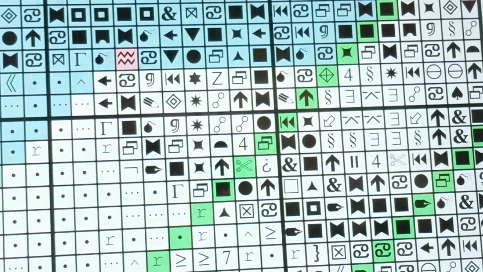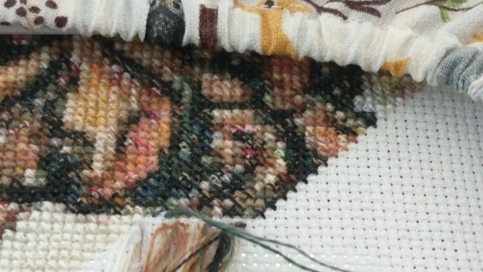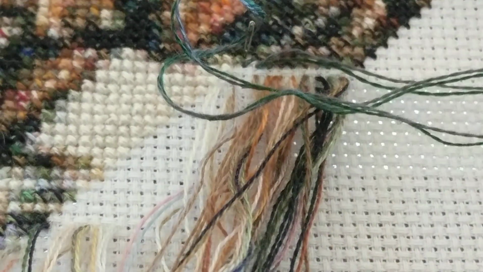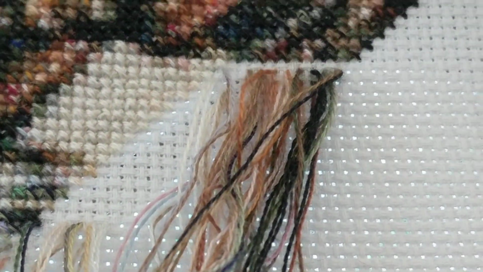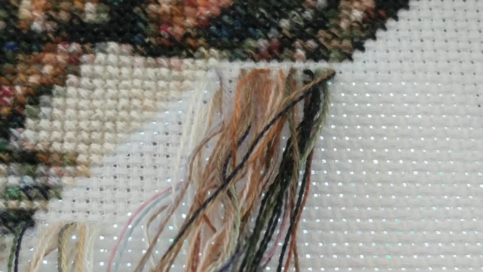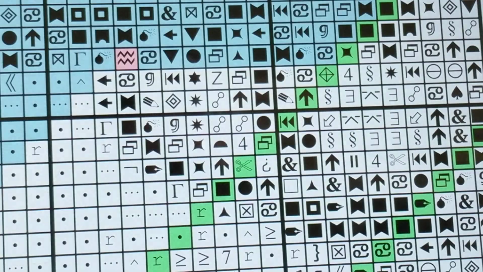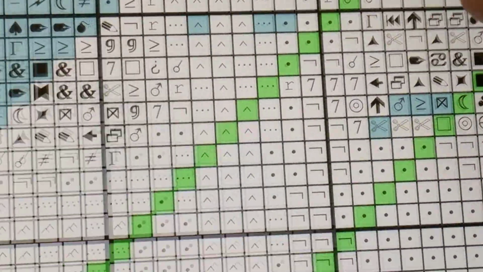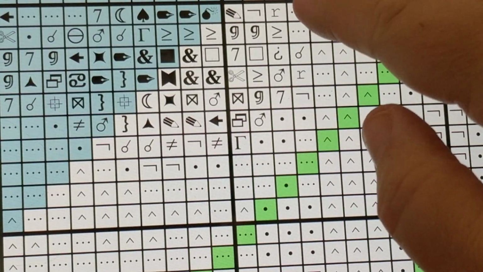Okay. So we got the first leg of my stitch there, and I'm going to pull through for the top leg, and then I check my chart to see where that symbol occurs again, and as you can see it doesn't occur again.